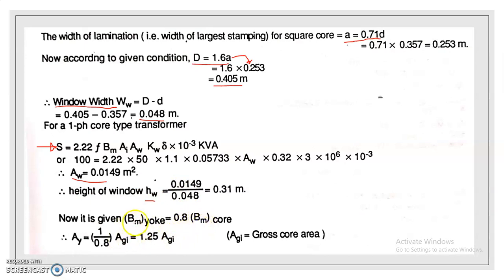Flux density is inversely proportional to the area of cross section, so BM of the yoke relates to the area of the yoke, and BM of the core relates to the AGI. So you can write that AY is equals to 1 upon 0.8 times AGI. By solving this, you will get the relation AY is equals to 1.25 AGI.